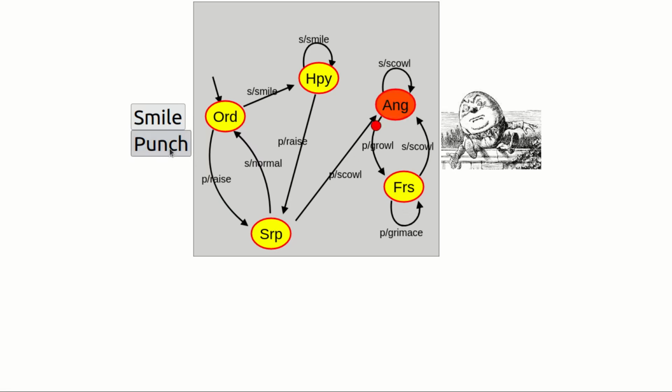I punch, in that case I growl. Though I am furious, I am growling. If I punch again, I am still furious, but now I am grimacing. So the outputs are not connected with the states but with the arrows, because the outputs are determined by not just the state but the state together with the current input.